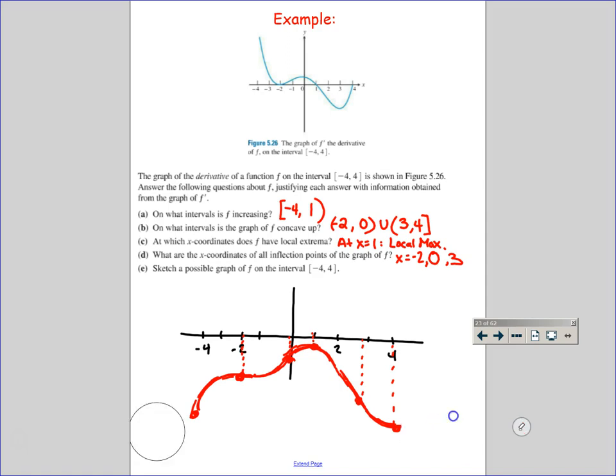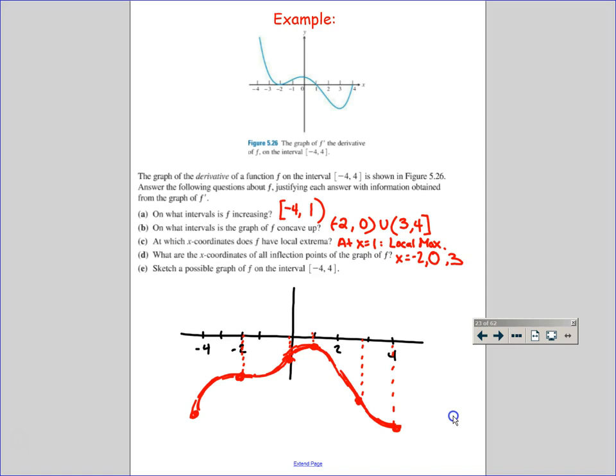Okay, on my graph, you guys agree? Why does my original function need to start increasing yet concave down? F double prime is negative because f prime's slope is negative, but what is f prime?